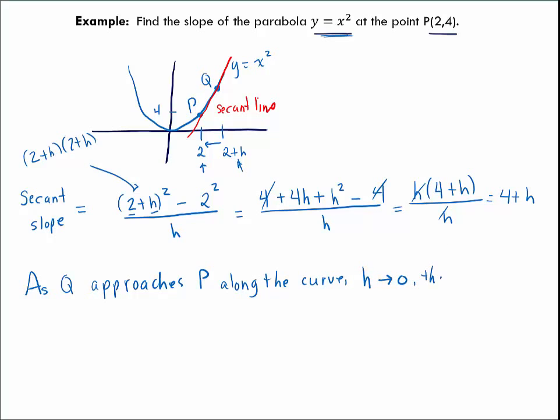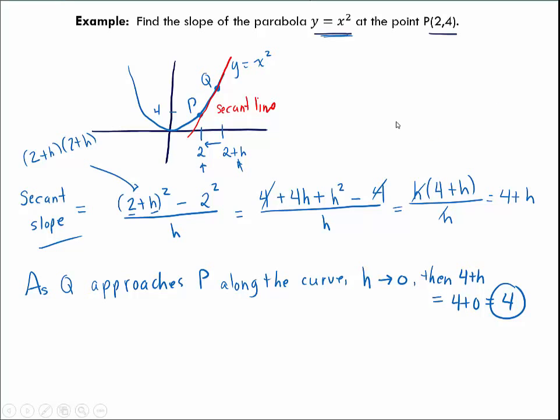So then 4 plus h would simply be 4 plus 0, which gives me 4, which is my secant slope. So that would be my secant slope.